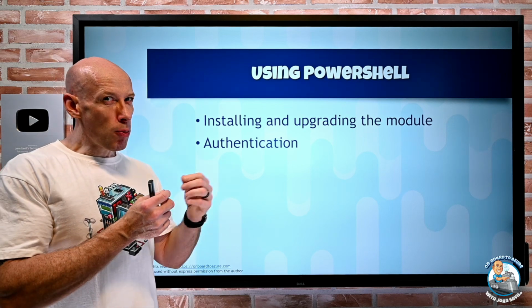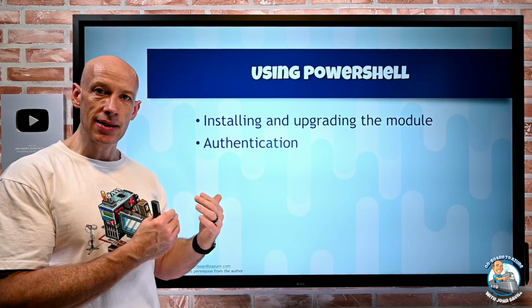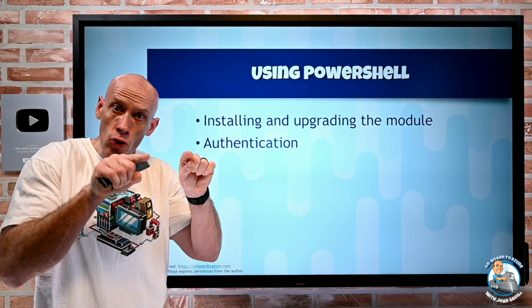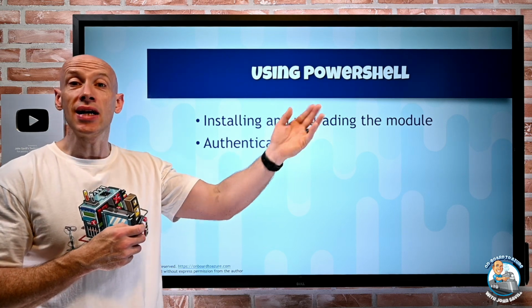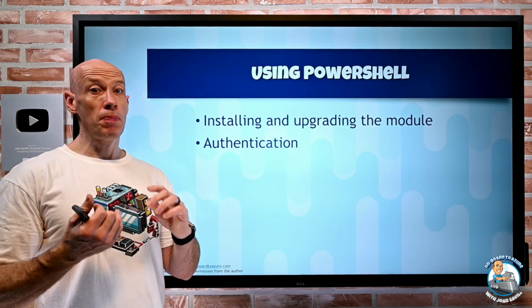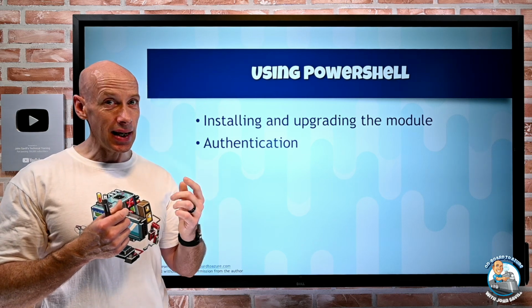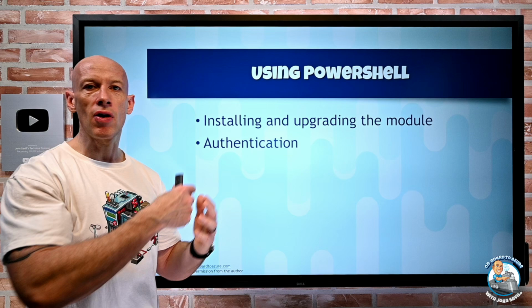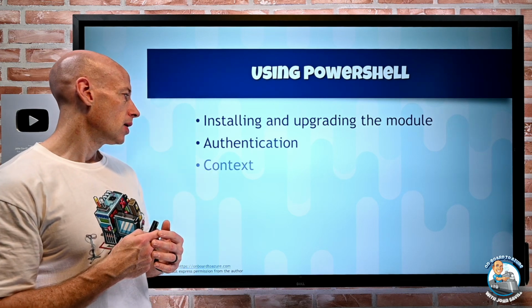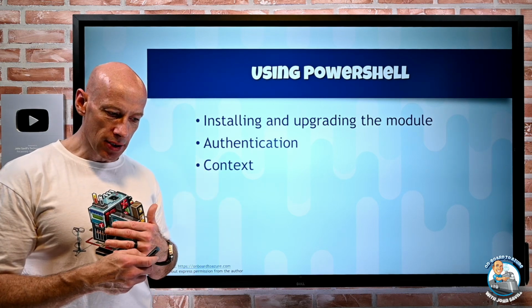Hey, maybe I don't have a browser locally on the same environment that I'm running the PowerShell or the AZ CLI. So it'll print out a little code, and then I would type that in on the other machine that does have a browser window. Or I could pass it a username and a secret. Or I can use the managed identity of the resource, providing, hey, it's running in Azure. We talked about the context and how I can have those different environments.